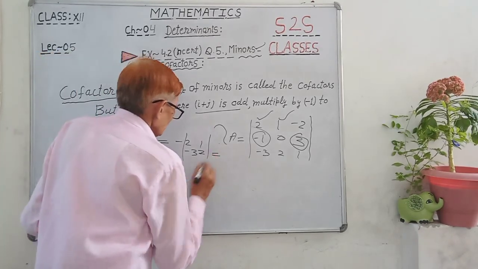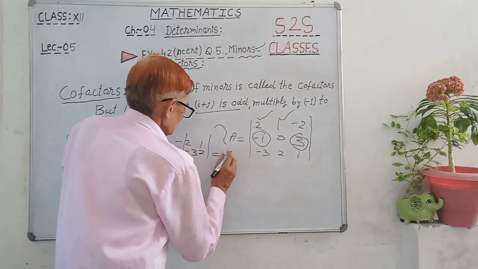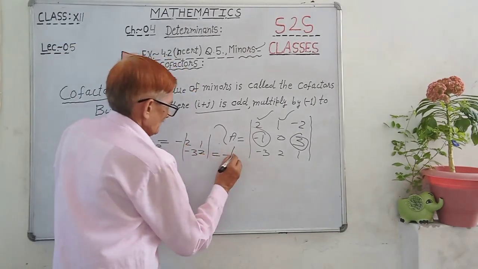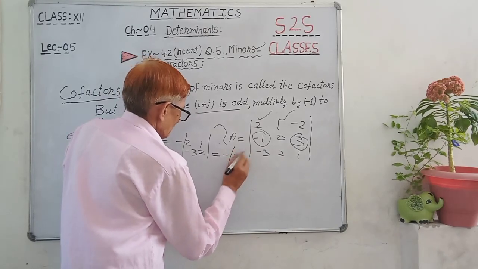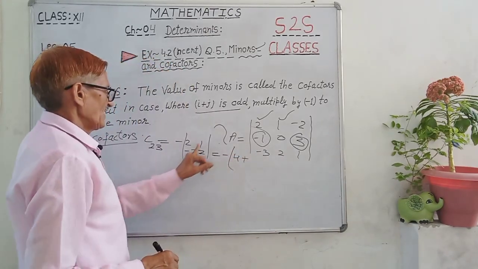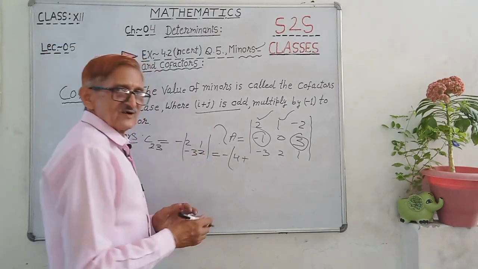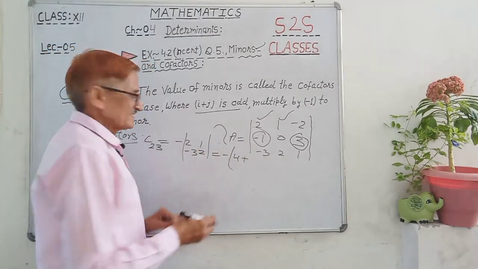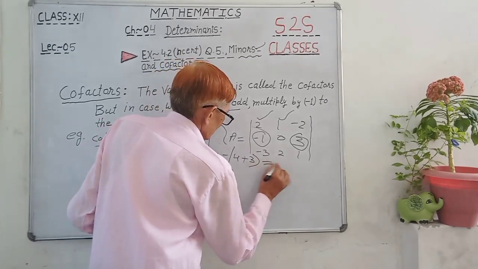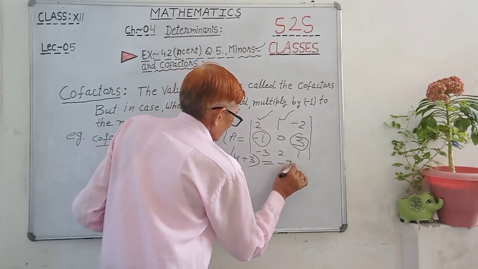So expand it with minus, 2 into 2 4 and plus 1 into minus 1 into minus 3, minus 1 into minus 3 plus 3, 3 1 ja 3, this, then it is minus 7.